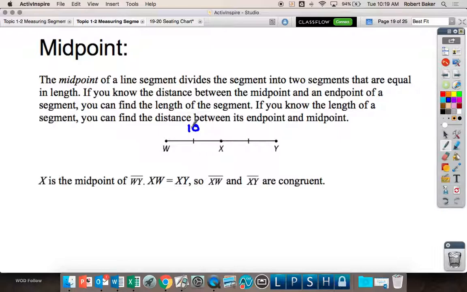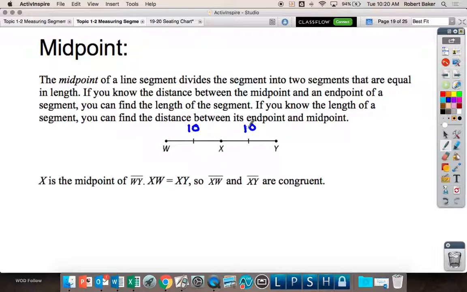If this length is 10, W to X, how long is this length? 10. How do you know that? Because X is the midpoint. So X, the midpoint, cuts the line in half. Half, half. So if each piece is 10, how long is the whole line?